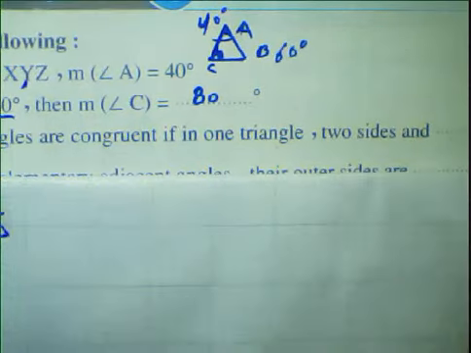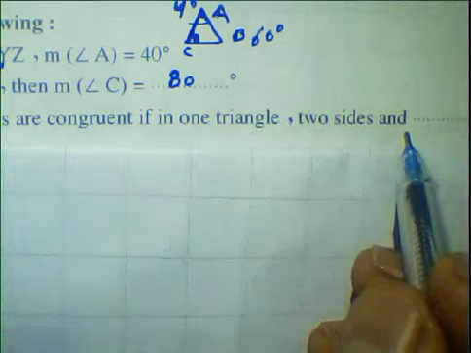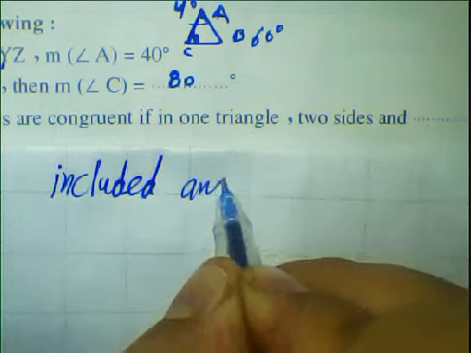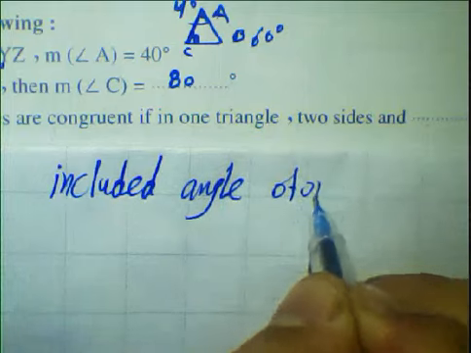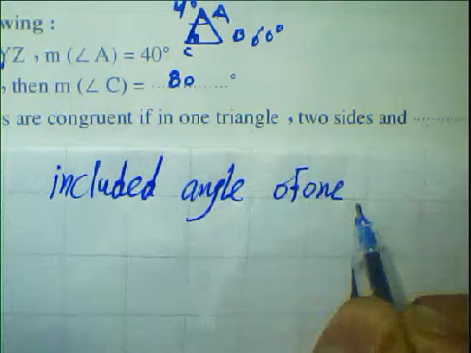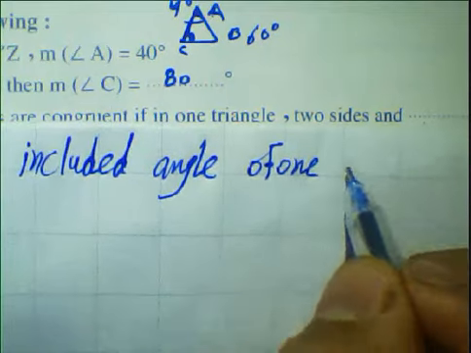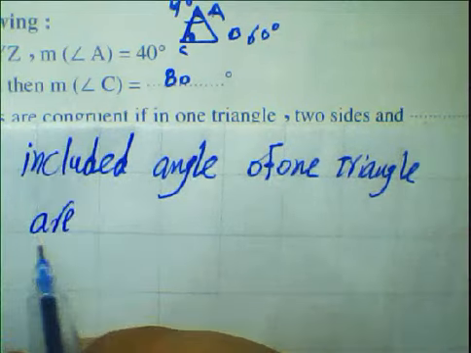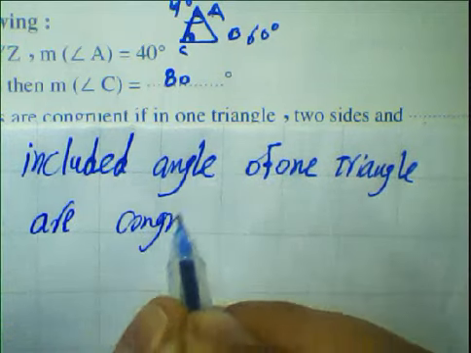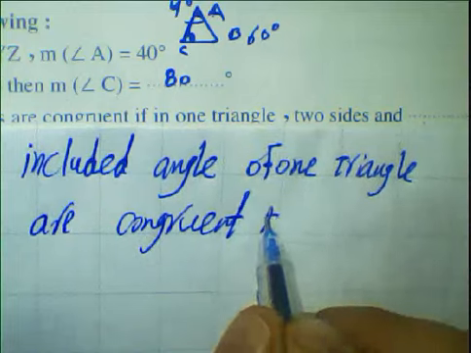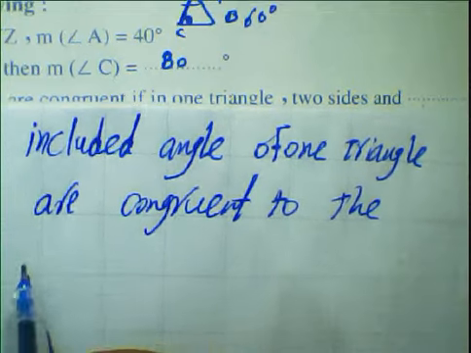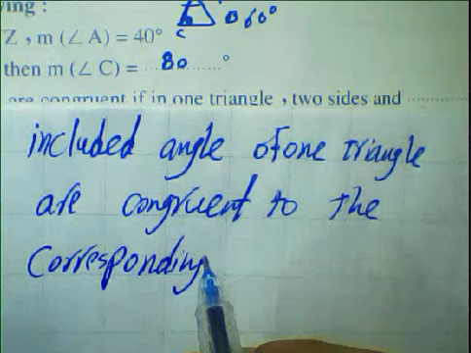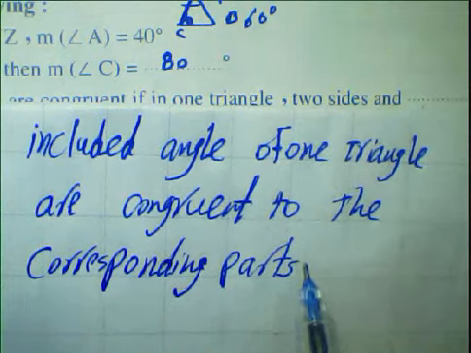I will solve it again. Okay, here I will write the result, and included angle of one triangle are congruent to the corresponding parts of the other triangle.